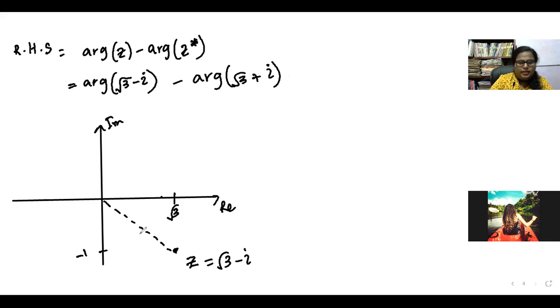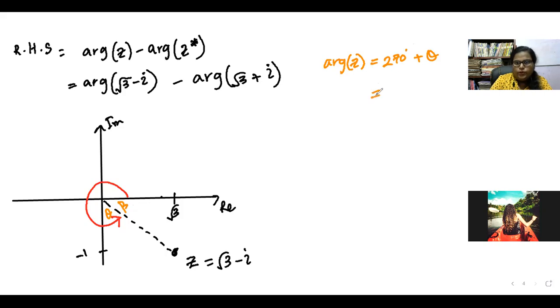Okay, so you know that this is the complex number Z, and what's the arc value of this Z? You have to find this angle. In order to find it, you can take either of these two angles, theta or beta. It doesn't matter. When you use this theta angle, arc Z equals 270 plus theta.